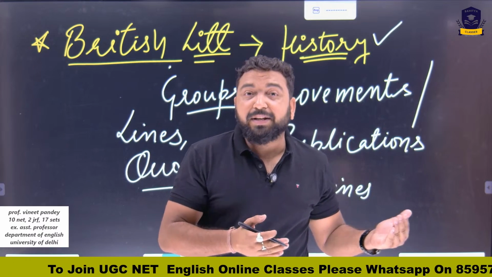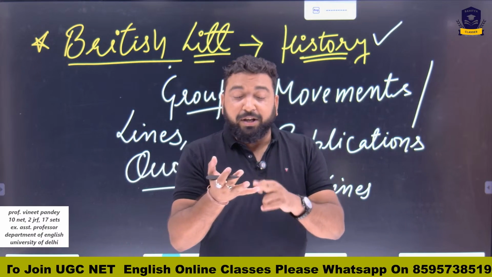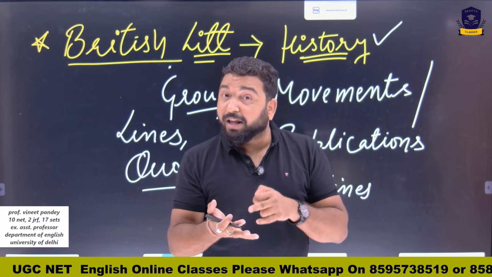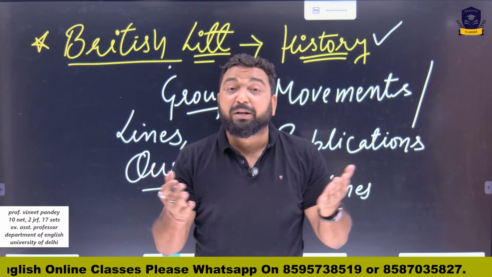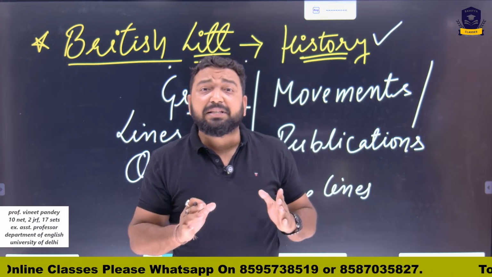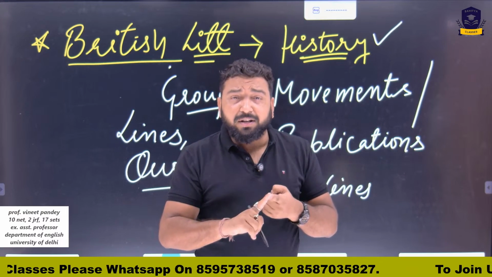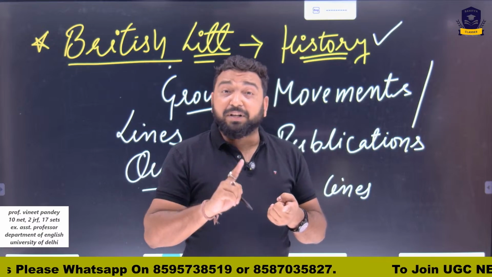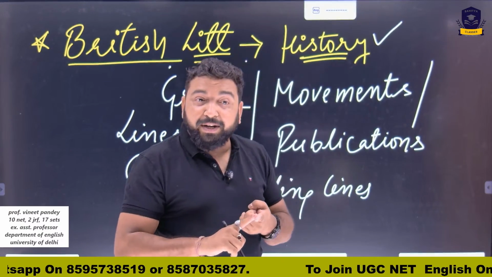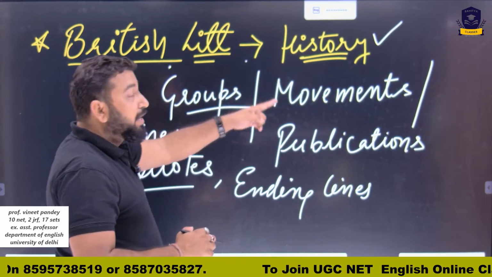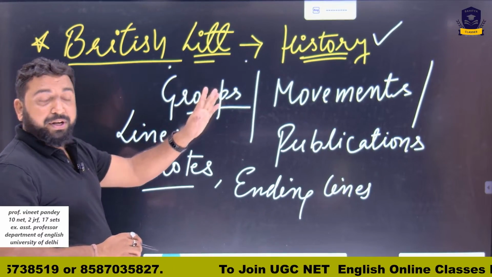Lead female protagonist, then foil character, hero, heroine, villain, then important two characters. One character who turns the table, like Bosola. You have to go for all these things. Opening line, last line, famous quotations. If there is some famous reference, if there is some kind of literary quote involved in it, you have to focus on all these things. This is what you have to do in British history now.